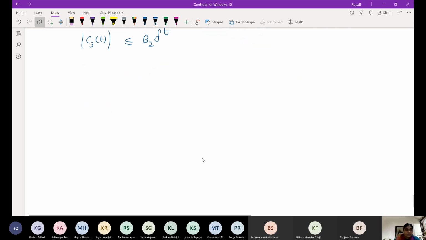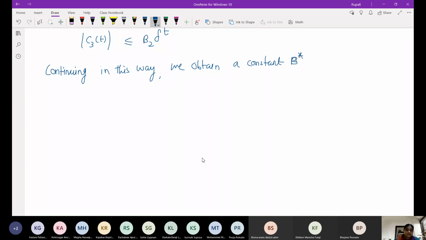So continuing in this way, what do I have to do now? I have to calculate mod c4t, mod c5t, mod cnt, and so on. So for cn, I will get one constant, say it is bn. Continuing in this way, we obtain a constant b star greater than 0, so that mod of cit is less than or equal to b star delta raised to t, where t is greater than or equal to 0.